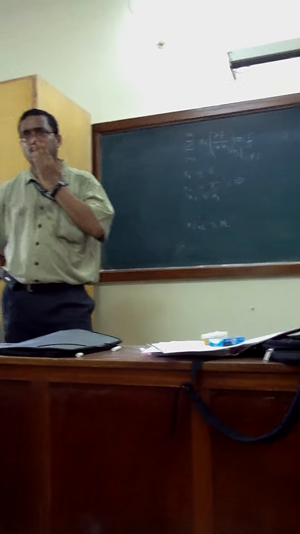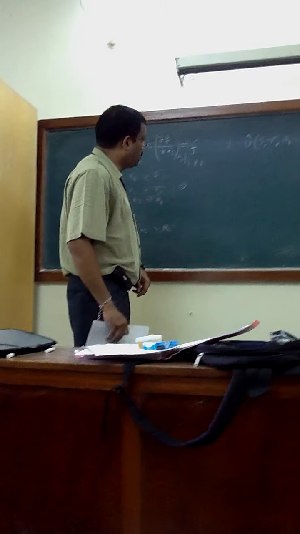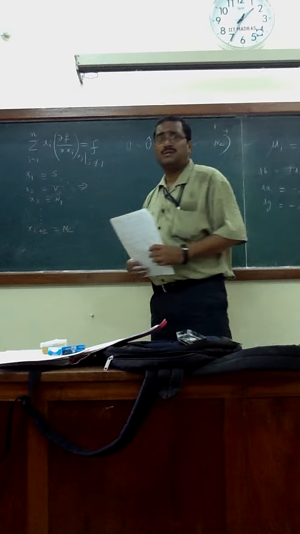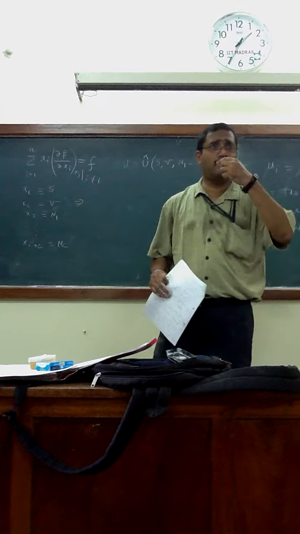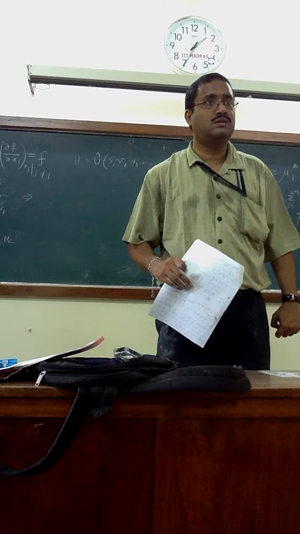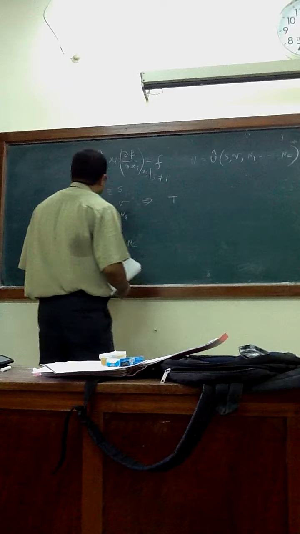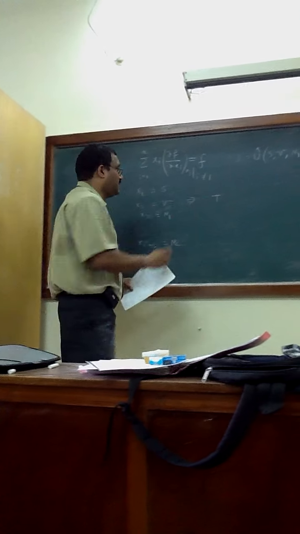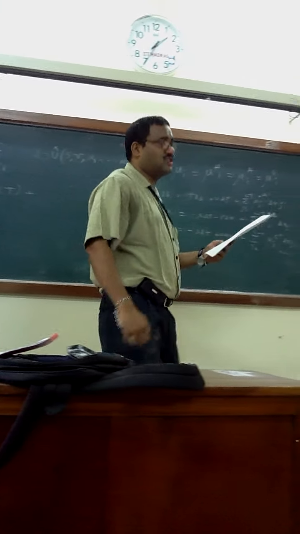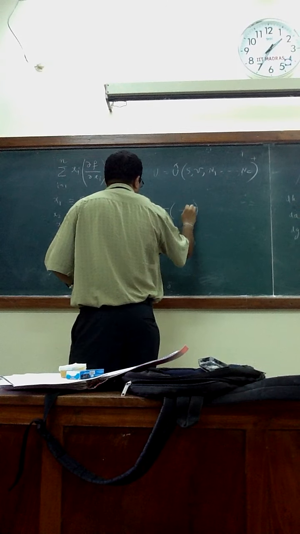What will you get? ∂U/∂S at constant what? You should write the constant also. V and N. What is that? In thermodynamics, this has some property. ∂U/∂S at constant V, N bar is what? T. Yes. So you write that way. So T into x1, S into T, plus next variable is V, minus V.